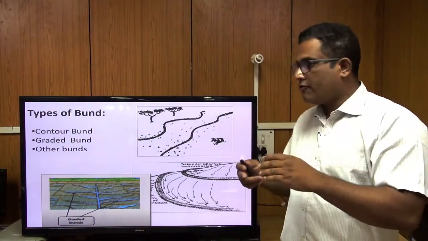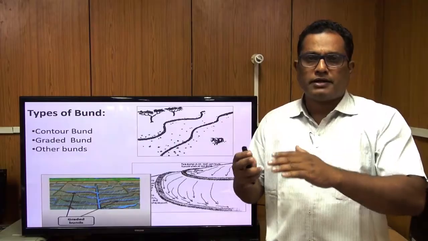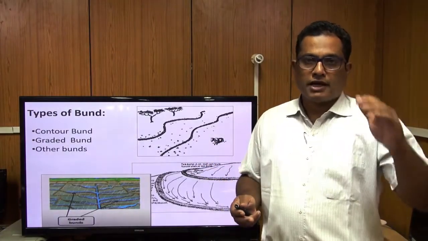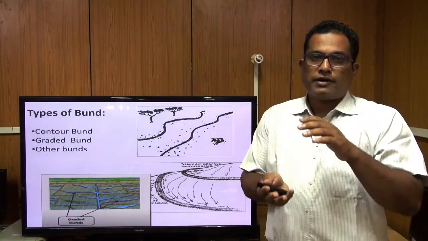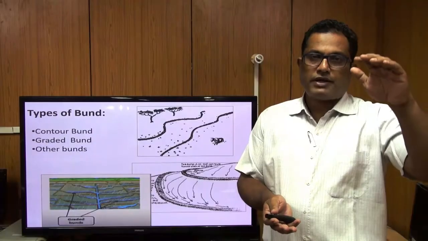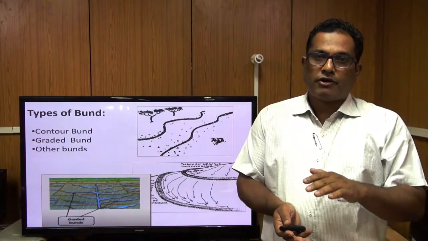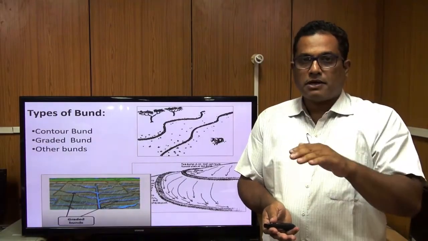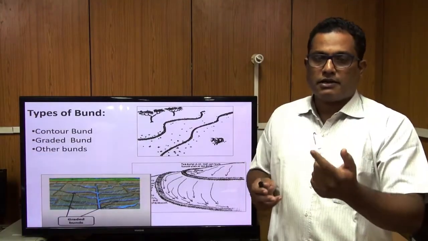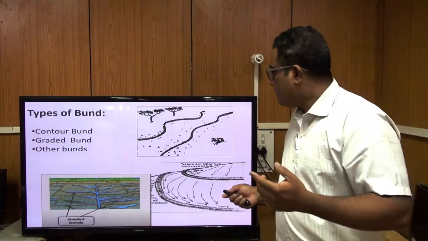If your designed height is, say, 1 meter, then you have to go maybe 1.2 or 1.3 meters. Because loose, dry soil has high pore spaces, due to the effect of rainfall there would be subsidence and a decrease of height. So this factor has to be factored in.